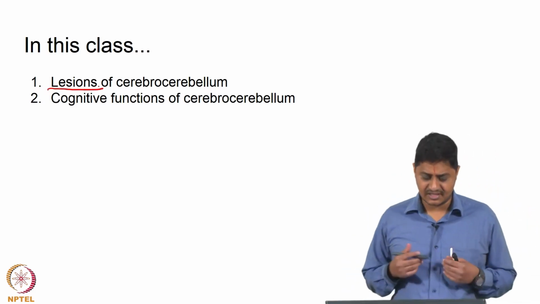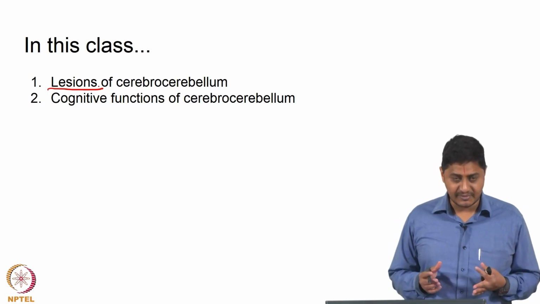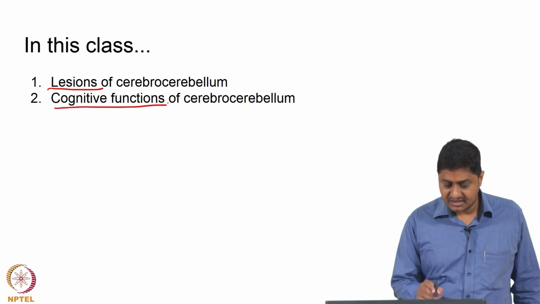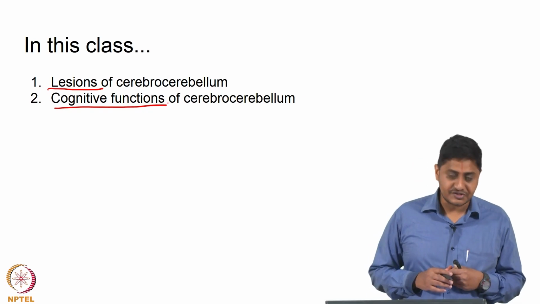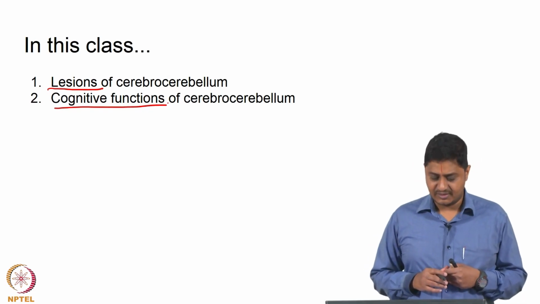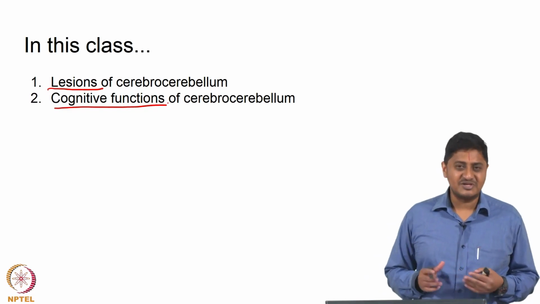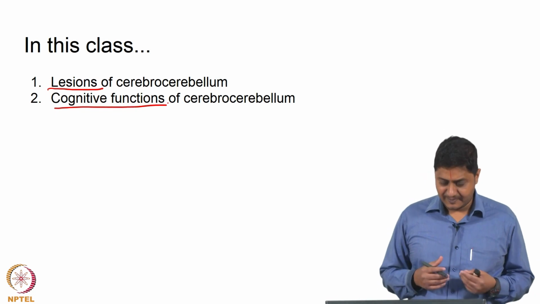These may be lesions in humans or experimentally induced lesions in animals. And are there cognitive functions, or are there functions other than motor functions for the cerebellum? Let us remember, early on in our discussion we said cerebellum has been traditionally considered as a motor part of the brain.